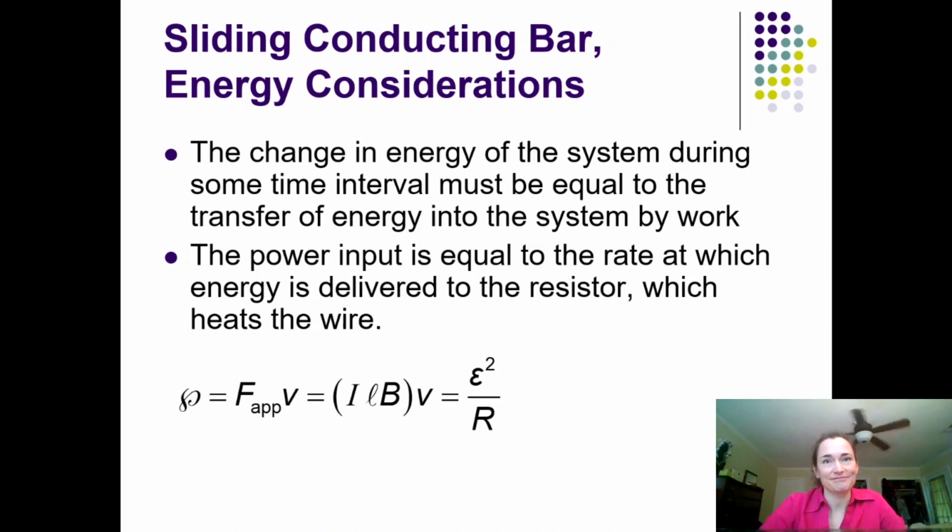Since the force applied would have to equal in magnitude the IL cross B force, that gives us ILB times V for F applied times V. And then the power in a circuit would be the induced EMF squared divided by the resistance of the circuit.